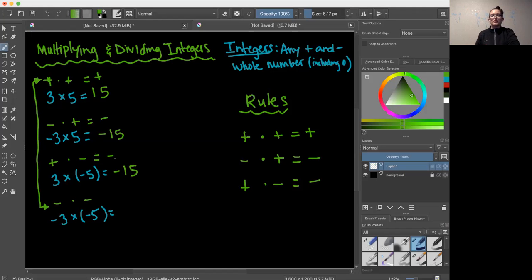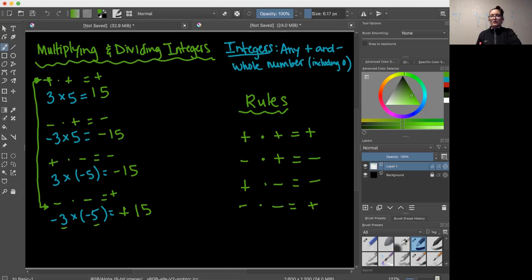So the rule here is anytime you have the same operation, so either two negatives or two positives, it's going to get you a positive outcome or solution. So our answer will be, again, you're multiplying just the digits. 3 times 5 is going to get us 15. So again, two operations that are the same.